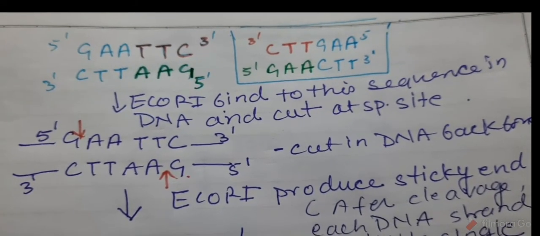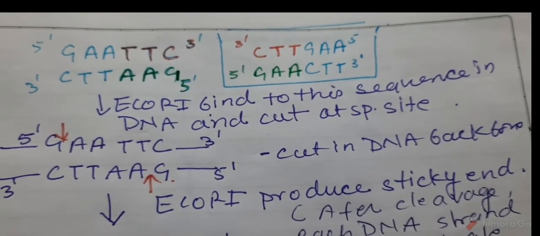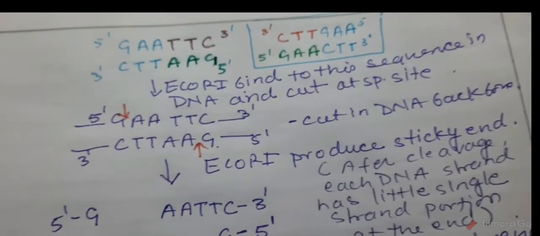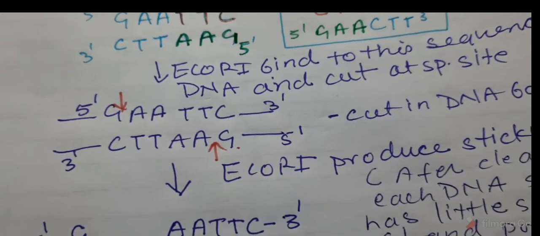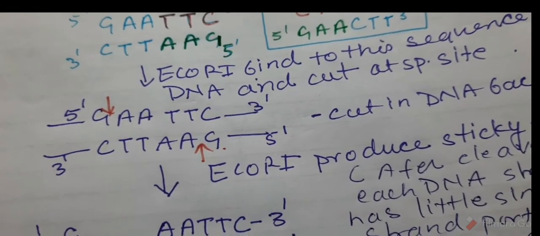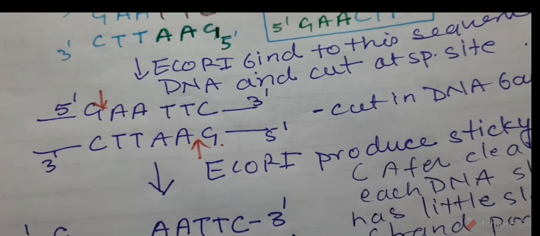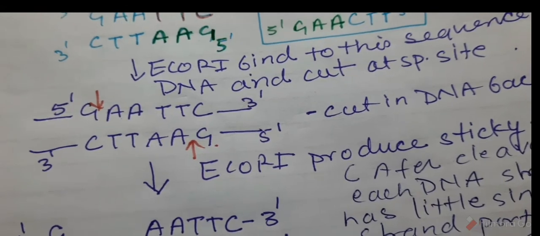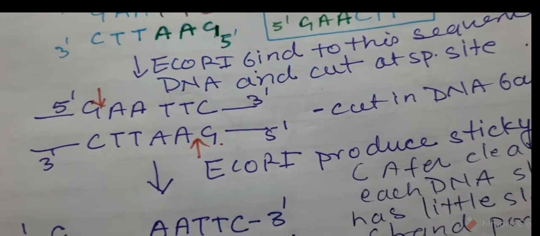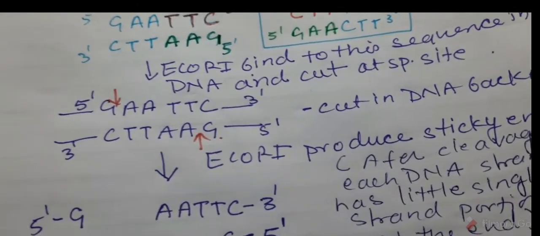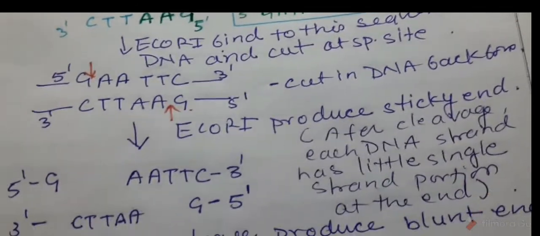So EcoRI binds to this sequence on both strands and cuts at a specific site, between G and A, at the phosphodiester bond. Similarly, in the other strand, again between A and G. These are the sites where it cuts the DNA in both strands.